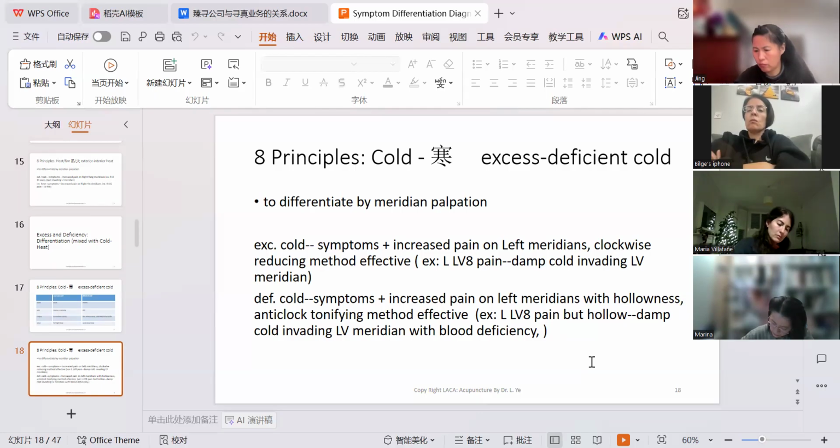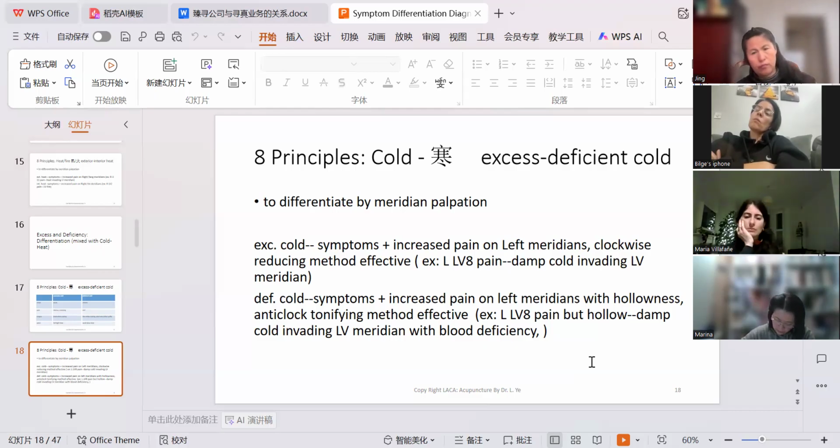An easy example: we find left liver 8 painful, and reducing on that left liver 8 makes the symptom better. Earlier we talked about a patient with period pain. If you find the pain on liver 8 is very high, that could indicate two things: excess or deficiency. Excess on the left side means cold and damp, or blood stasis.